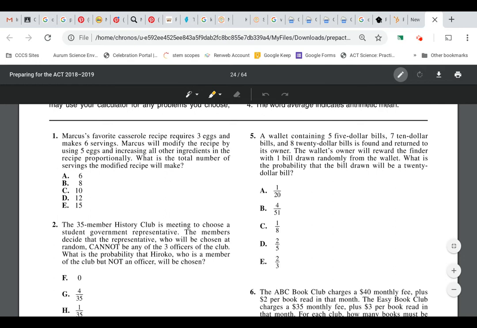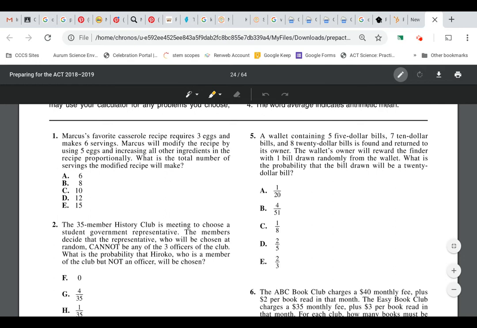I am going to post another file with all the math formulas, which I already gave to my ACT class, but I'm still going to post it online so you can have something to look at, and make sure you memorize everything before you take the test. And the second part is to understand what the question is asking you.